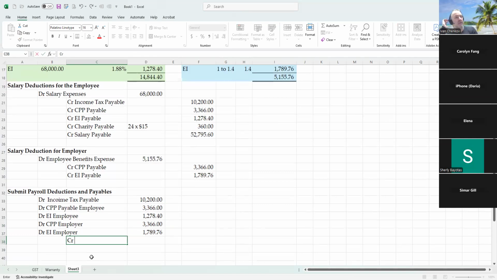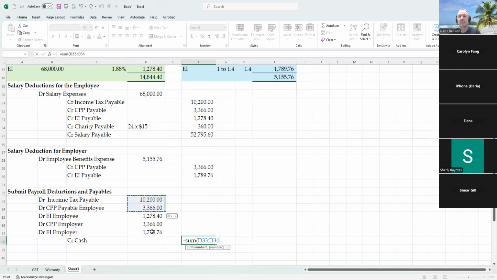Only one option we have here. What will be our credit? Cash. There should be no question mark here. Canada Revenue doesn't accept anything other than cash. Only cash. And that will be equal to the sum of all these amounts.